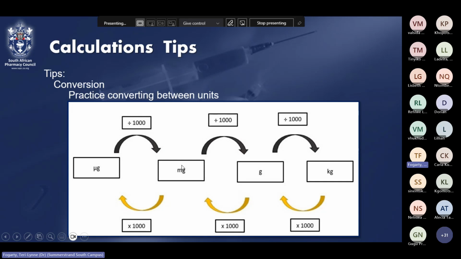What if I go from milligrams to kilograms? 1 milligram is how many kilograms? Now I have to divide by 1,000 twice. How many zeros? 1, 2, 3, 4, 5, 6. So now I put my decimal place. I have to move my decimal place 6 places, from the 1: 1, 2, 3, 4, 5, 6.